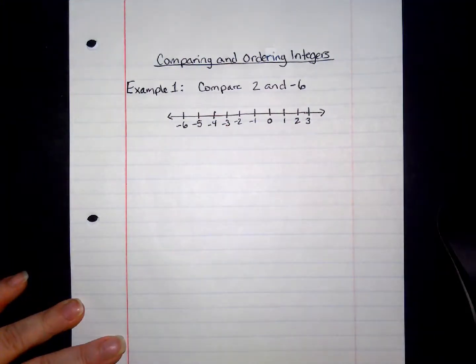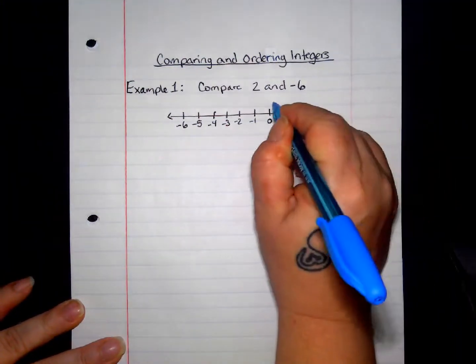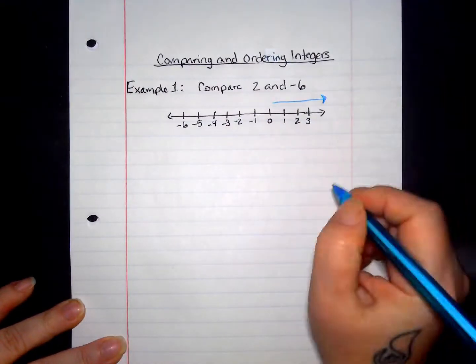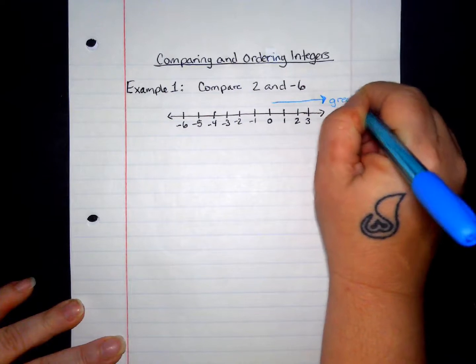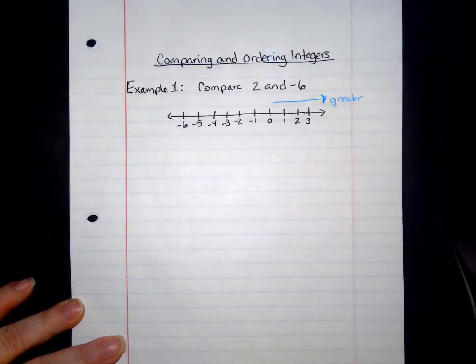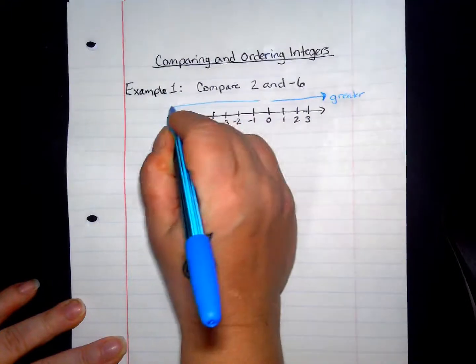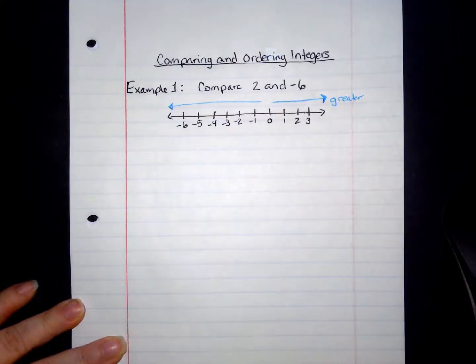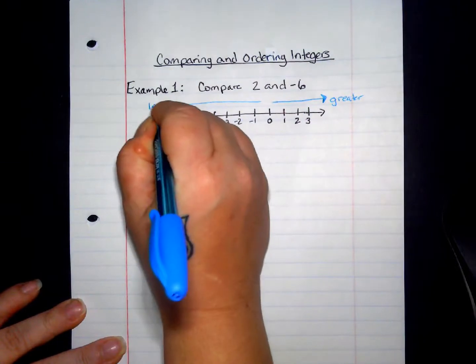Okay, the thing we need to remember about our number line is the farther we get from 0 when we go to the right, the greater our number is. And the farther we get from 0 to the left, the less our number is.